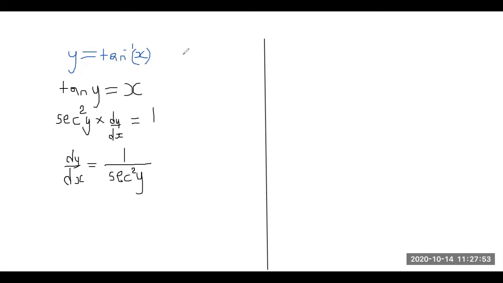Now remember, sine square y plus cos square y is equal to 1.